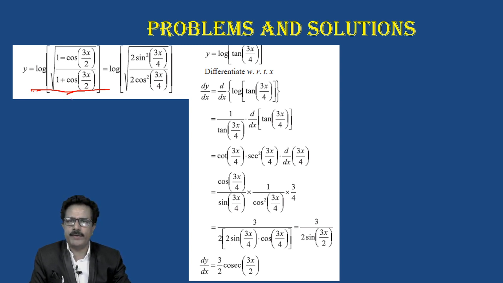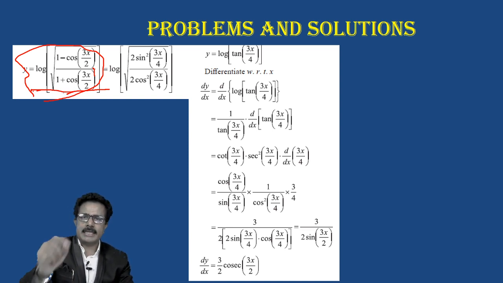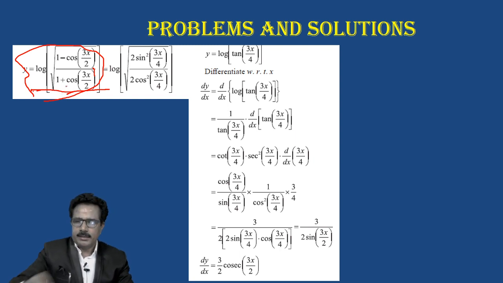Our aim is to find the derivative of this term. How to calculate? First of all, we have to simplify these terms. We cannot directly find the derivative of this term. Therefore, before differentiating with respect to x, first of all simplify this term which is in log.